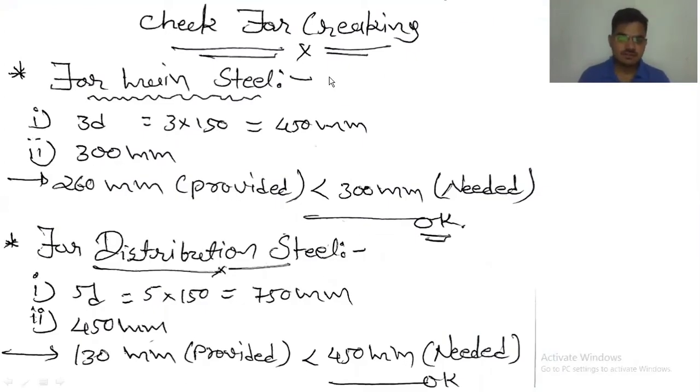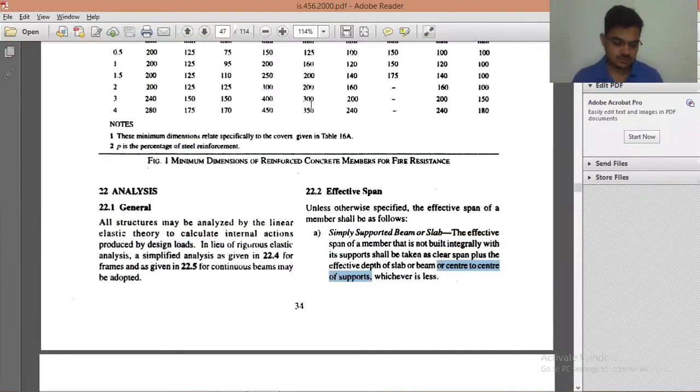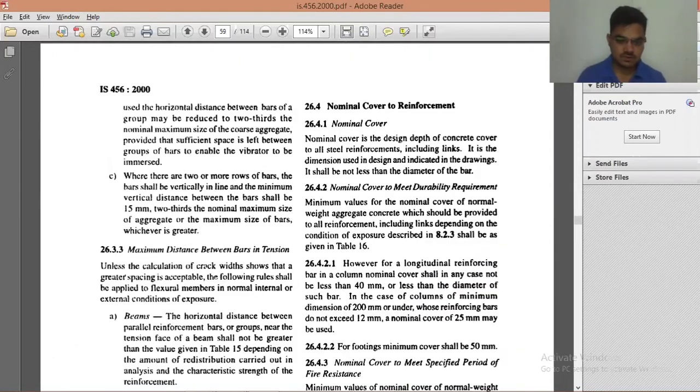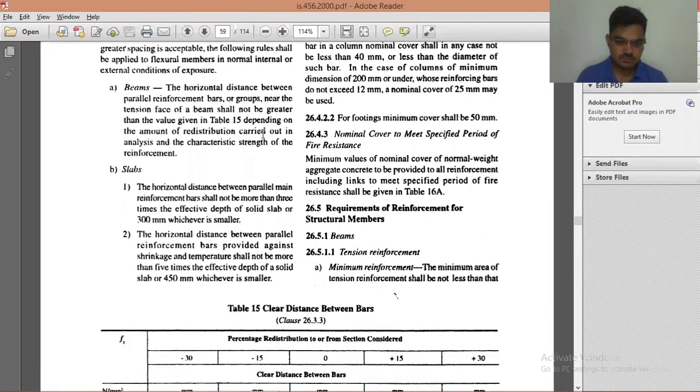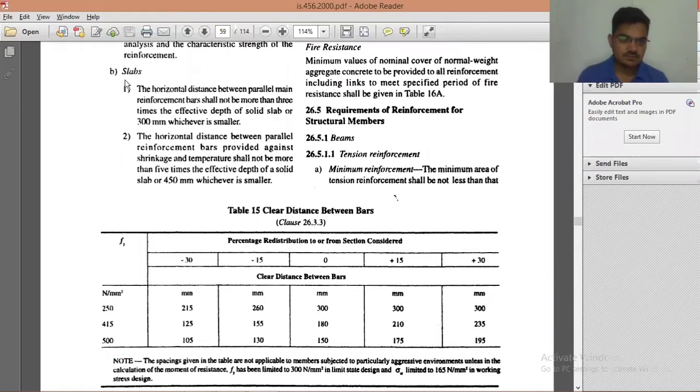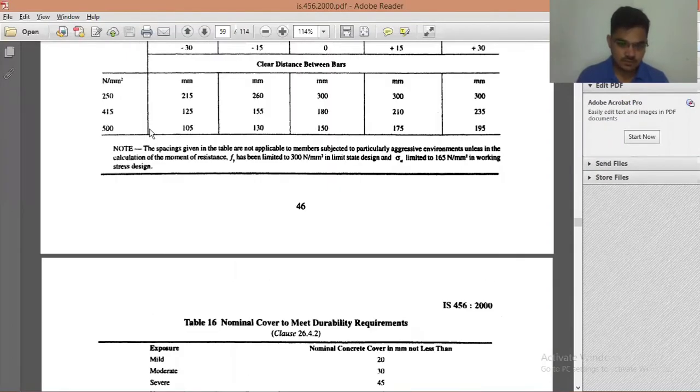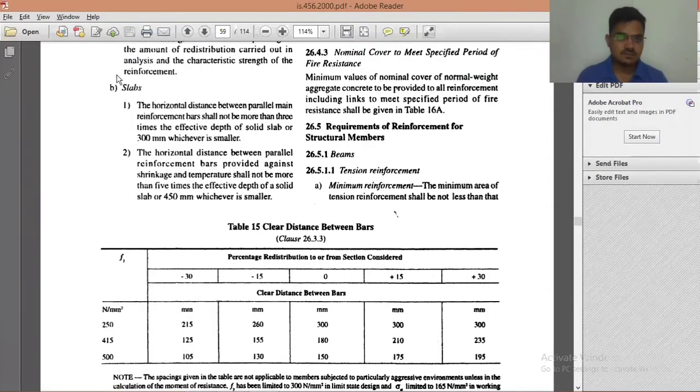Check for cracking. Check for cracking is from the IS code, page number 46.